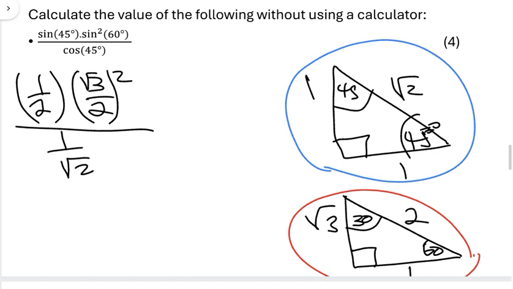Okay, so you have 1 over 2 times bracket square root of 3 over 2 close bracket squared over 1 over the square root of 2. I am getting 3 square root 2 over 8, but I will also try to work it manually to see if I agree.